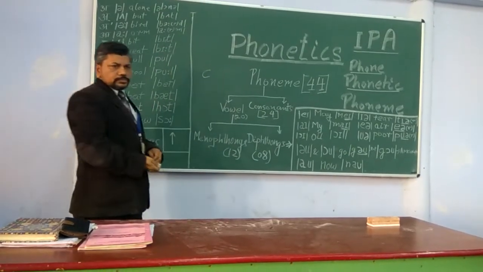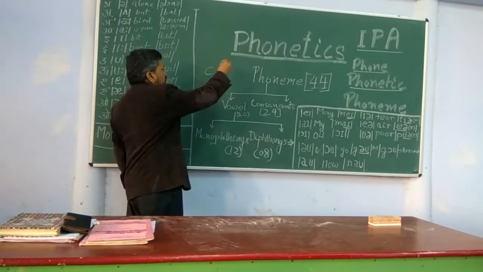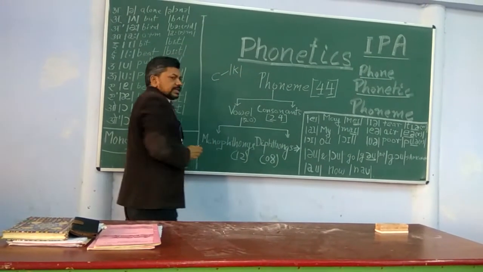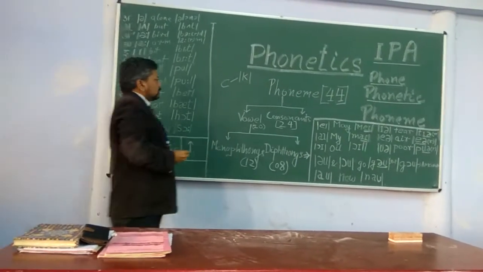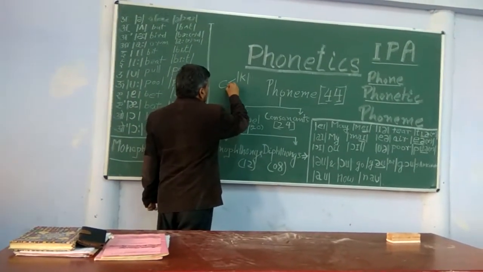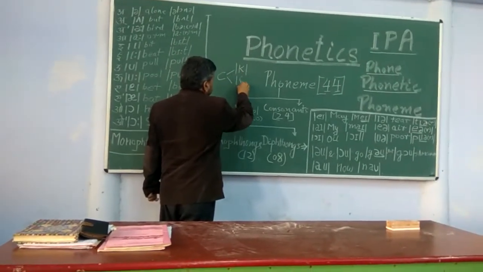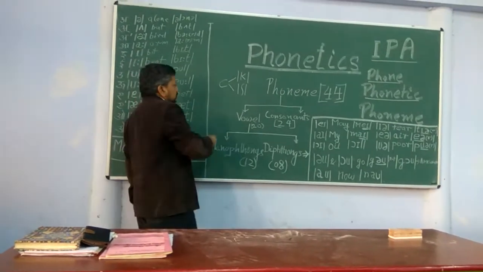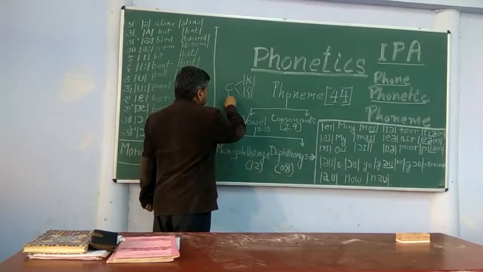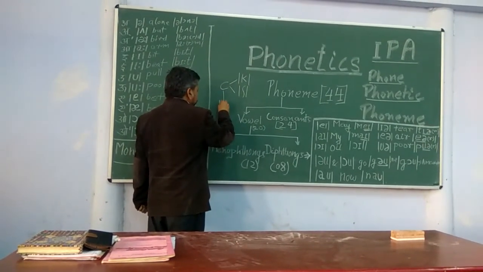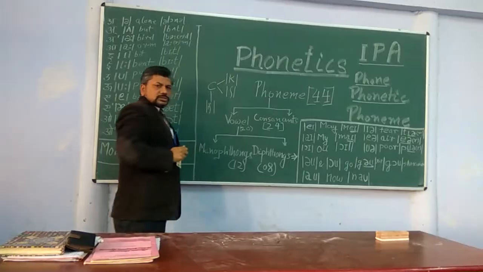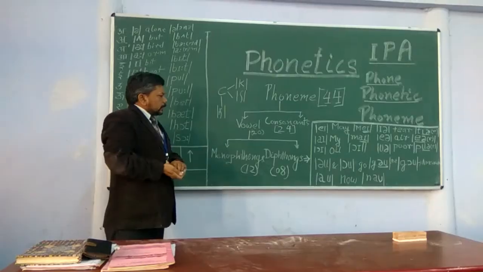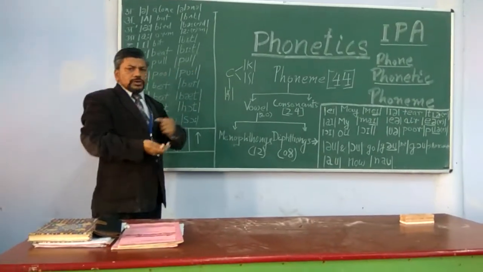For example, the alphabet C sometimes represents the ka sound as in cat. This also represents the sha sound as in Chicago, and this also represents the cha sound as in church, and so on and so forth.